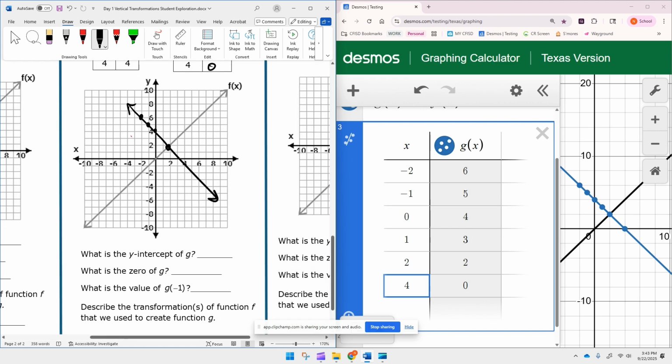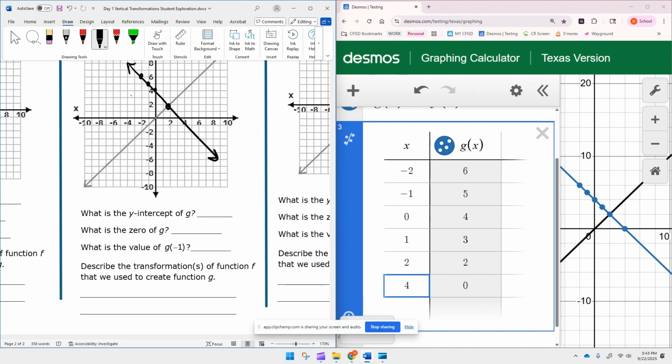But I'm going to hold that off till a later date. So for right now, we know that our y-intercept is still going to have that shift up 4. And the zero of the graph is going to shift to the right, to +4. And then at -1, we have an output of 5.